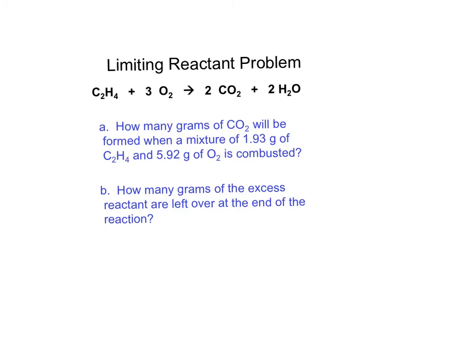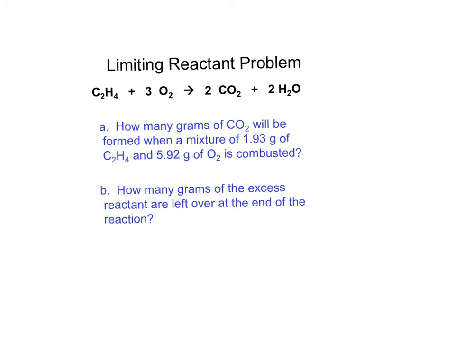So grams to moles, moles to moles, moles to grams is the process here. In this reaction, you have 1.93 grams of C2H4, 5.92 grams of O2, and you want to know how much CO2 and water, and then how much of the excess reactant remains.